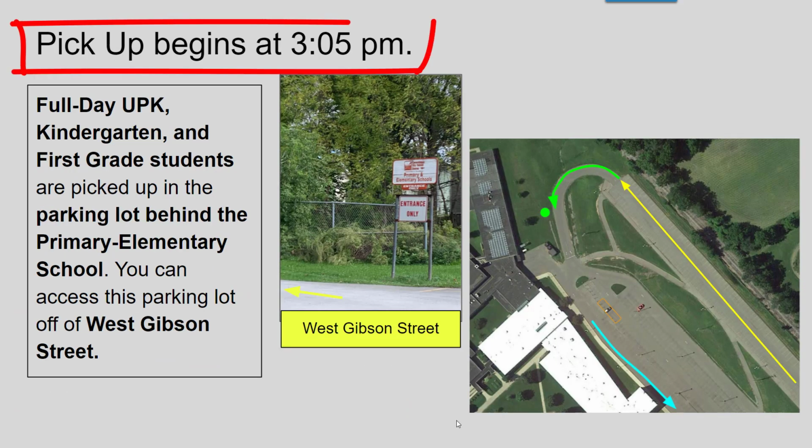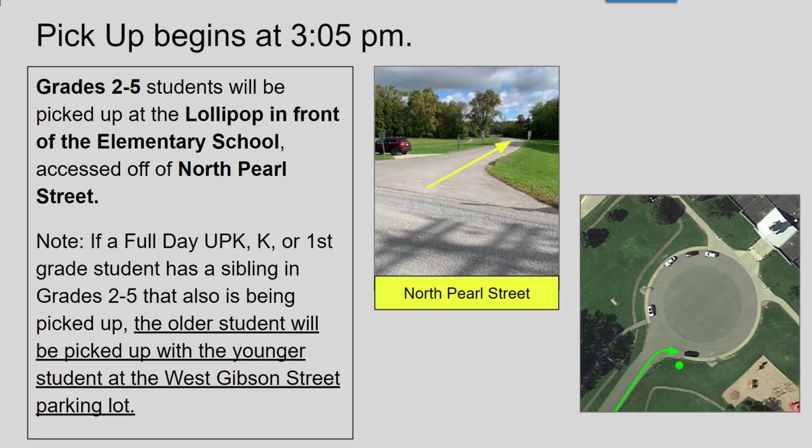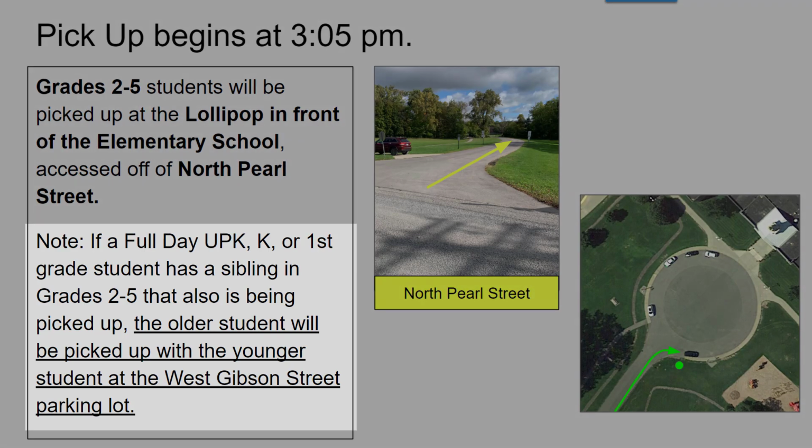Let's talk about pickup. Pickup begins at 3:05 p.m. on most days. Full day UPK, kindergarten, and first grade students are picked up in the parking lot behind the primary elementary school. You can access this parking lot off of West Gibson Street. Grades 2 through 5 students will be picked up at the Lollipop in front of the elementary school, accessed off of North Pearl Street.